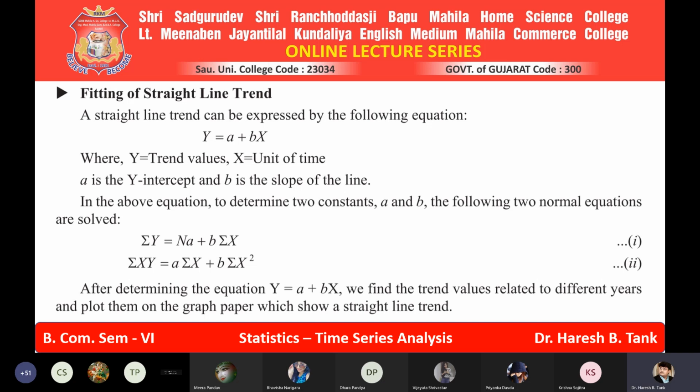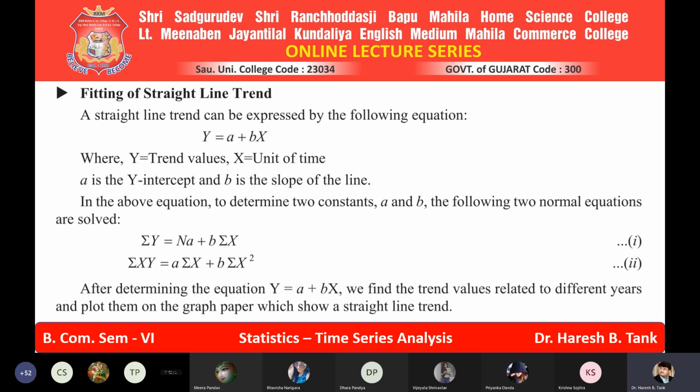Now, to get a second equation, apply summation of x both the sides in a standard form of a linear equation. What is going to happen now? y is equal to a plus bx. Apply summation of x both the sides.